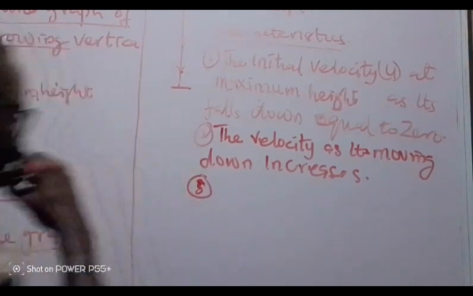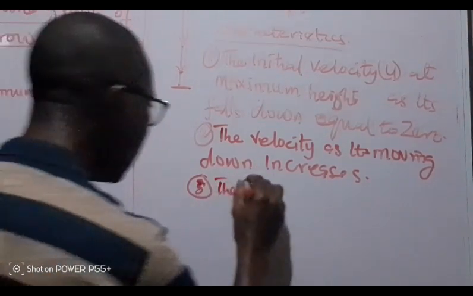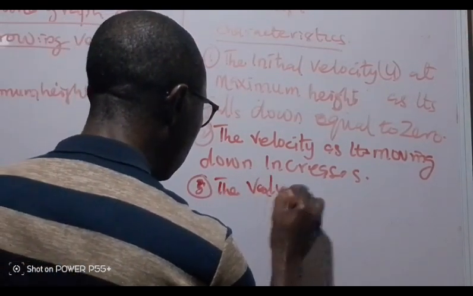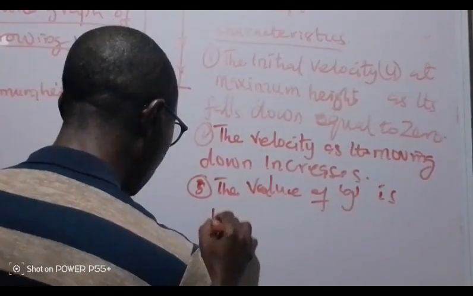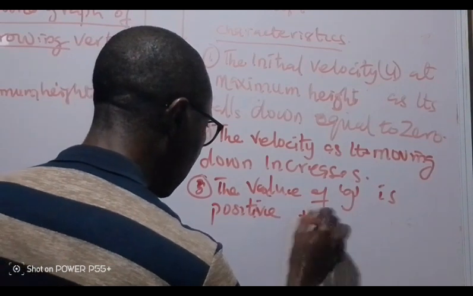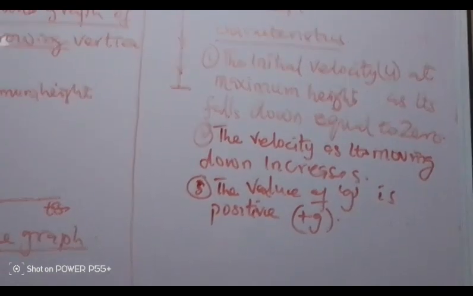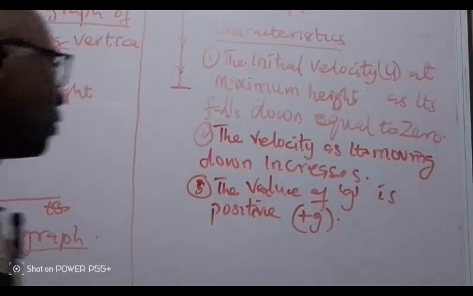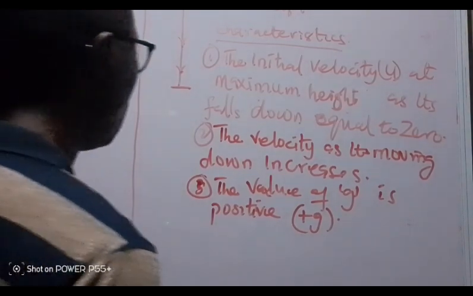the value of g is positive. That is, it will take a plus sign. Don't forget what determines the value of g, either negative or positive, is the direction and the magnitude of the acceleration.